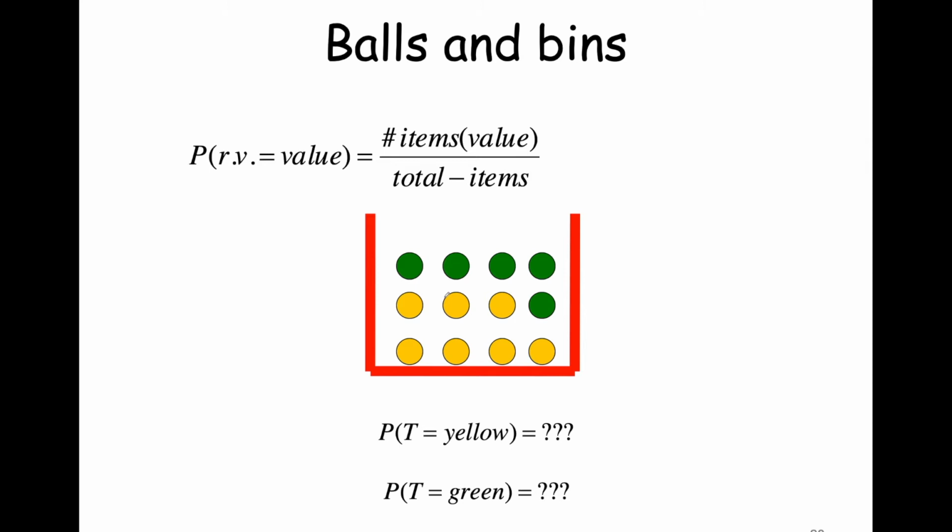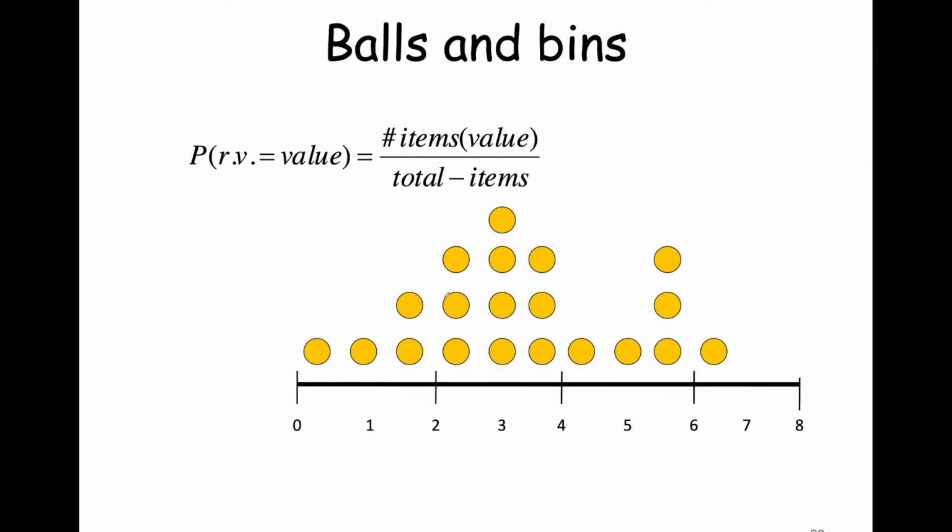And likewise, if we do the same thing for green, again, the total number of items is 12. That hasn't changed. But the number of items that we desire for that green color is going to be 5, so that's 5 twelfths. And there's our answer. This is the general approach that we use when we calculate probabilities: the number of items that we desire over the total number of items that are possible.